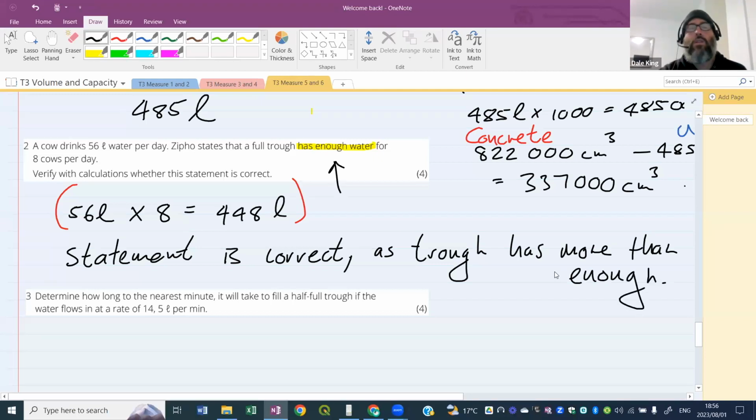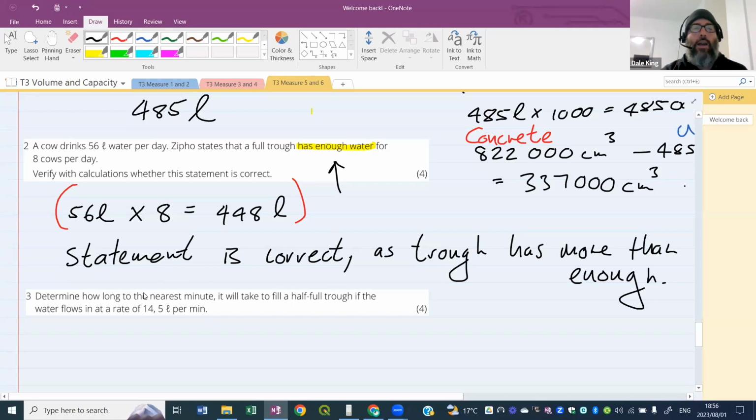The question says that the trough is 485. Our 8 cows need 448. So the statement is correct. You will have enough as the trough is more than enough. But you need a calculation to back up your answer. It's not really what you write in the sentence. It's correct or incorrect. Back it up with a calculation.